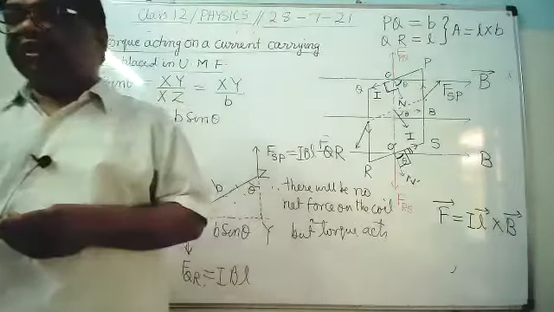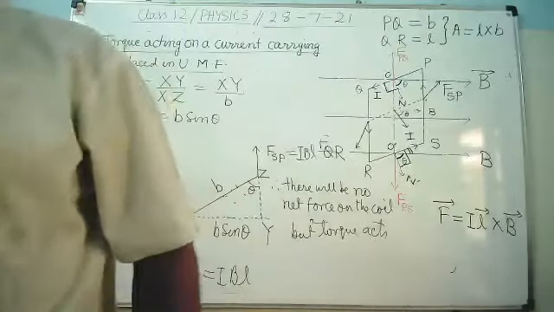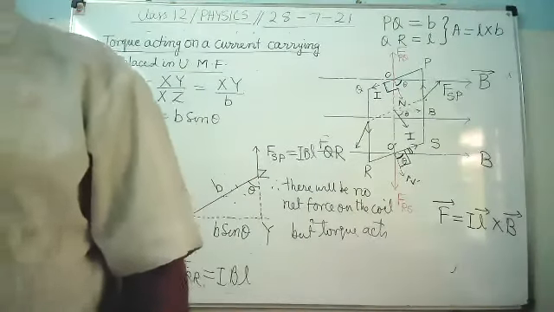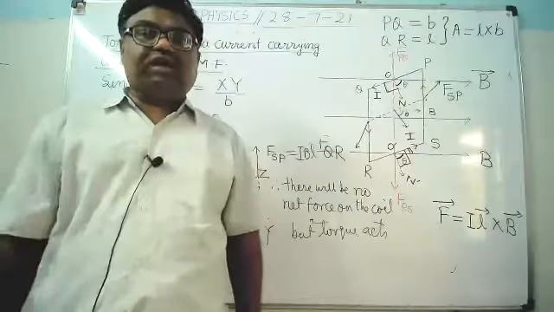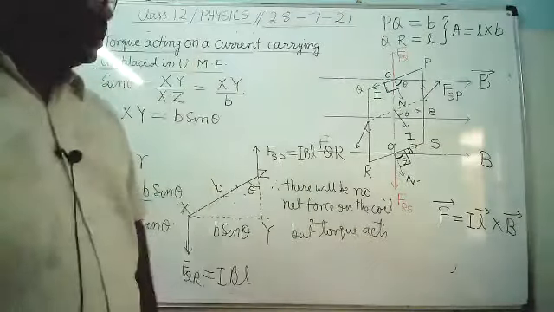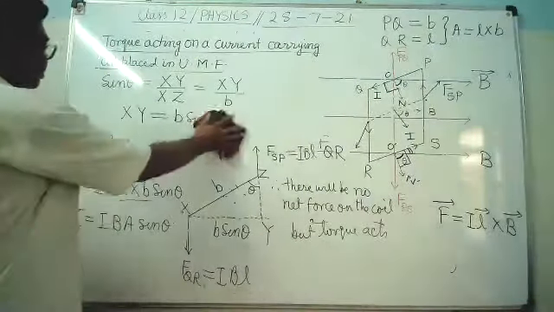Here there is only one turn. Suppose there are n turns of the coil. Then on every turn torque will act. And in that case, what is the torque?